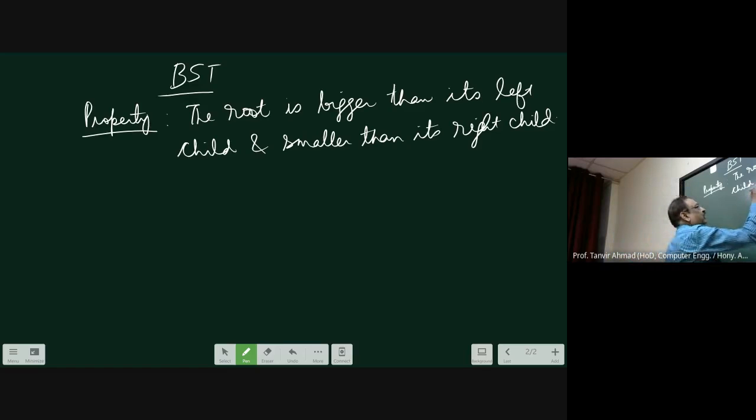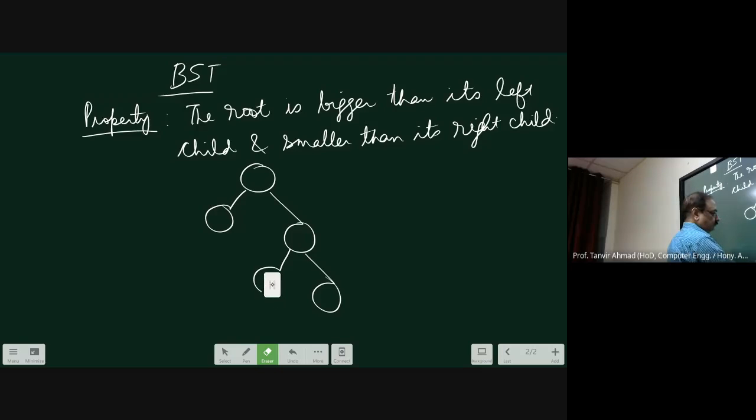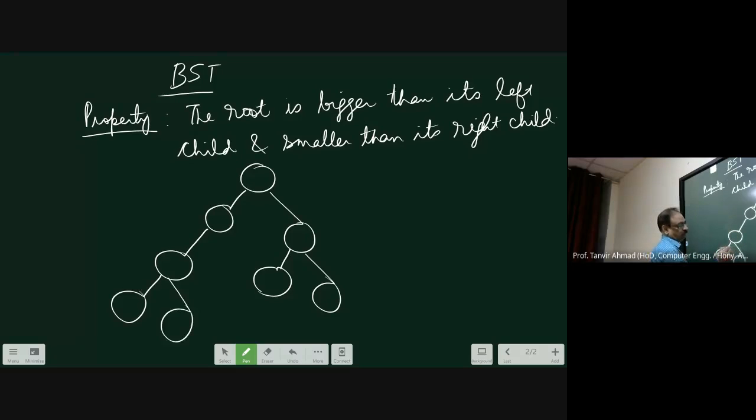It means that if I have a tree like this, it might be say 90, 45, 40, 10, 42, and you see that 90 is bigger than 45 and smaller than 100.